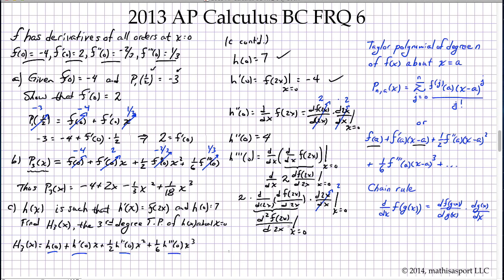What we know is that the second derivative of f of its input with respect to its input when x is 0 is f prime of 0, negative 2/3. I say when x is 0, but what's key is x is 0 and therefore 2x is 0.